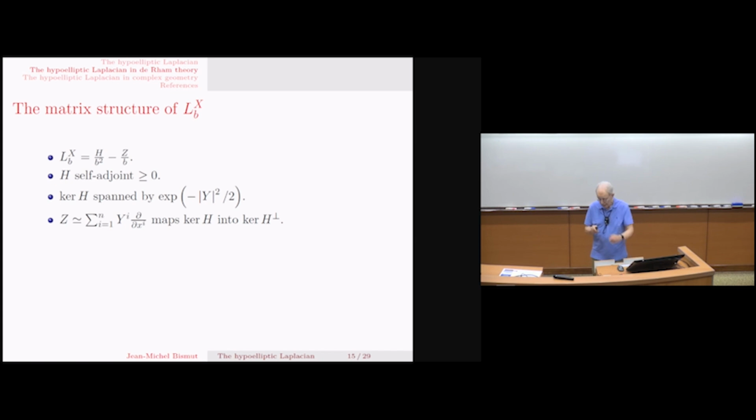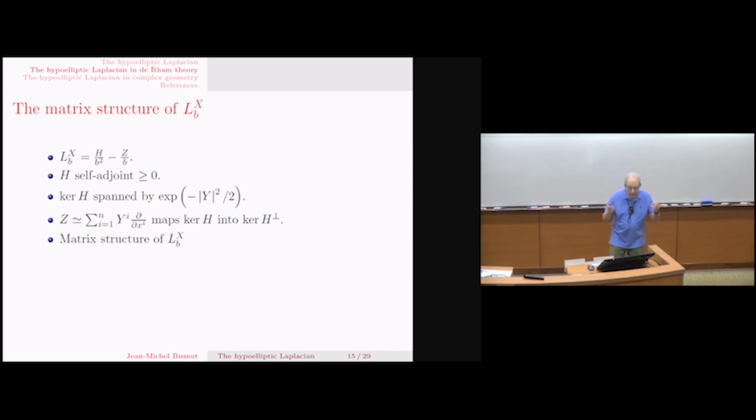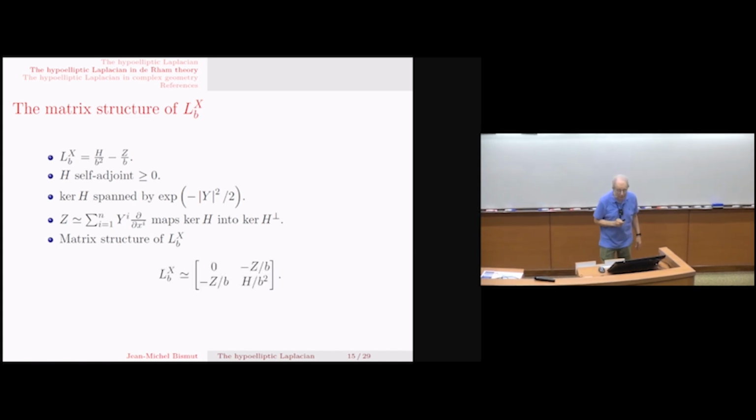This is extremely easy to see, and so let me write the matrix structure of this operator L_b. I write its matrix structure with respect to the natural splitting of the L2 space between the kernel of H and its orthogonal. Right? The kernel of H is the functions which are Gaussian along the fiber, and you just write the operator L_b as a 2x2 matrix.